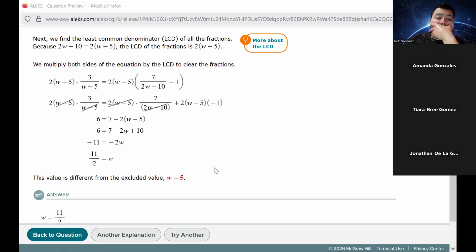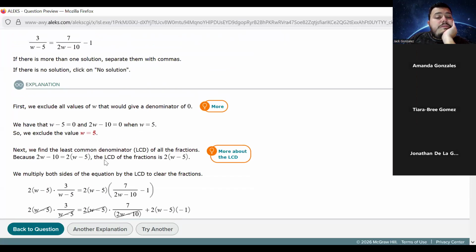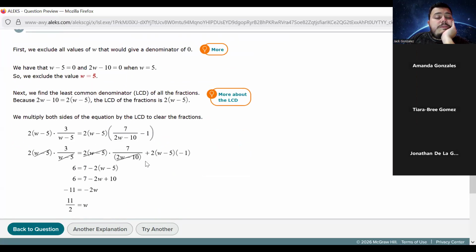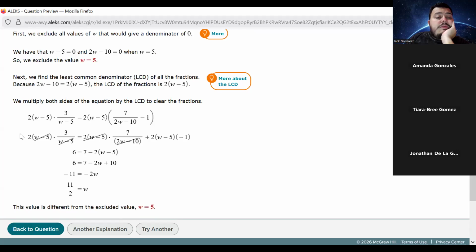Okay. So I think that they did the same thing we did. Find the LCD, which is this. Multiply every term by that LCD. So this times the first term, this times the other two terms, right?